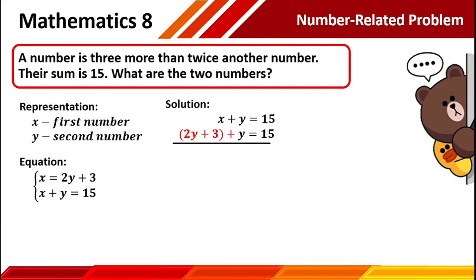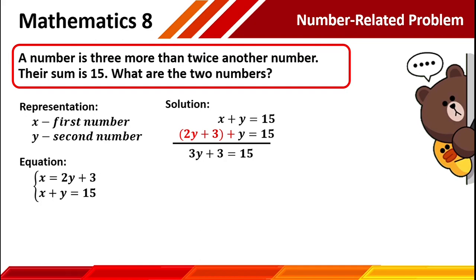Okay, so we can replace x by 2y plus 3, giving us 3y plus 3 is equal to 15. Again, where do we come up with 3y? We just added 2y and y, so we will have 3y, and then we copy 3 equals 15.